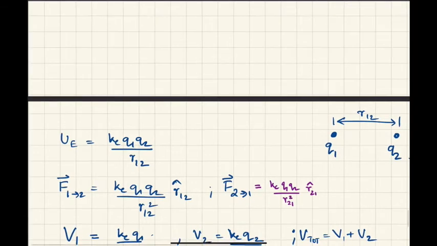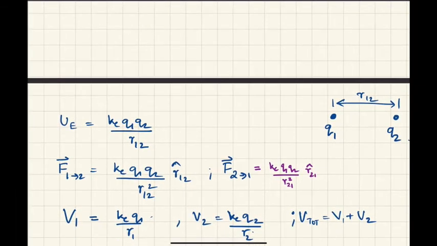Similarly, one could calculate the potential, and the potential that charge 1 generates is given by Kc Q1 divided by r1. So what does r1 represent here? r1 simply represents some point in this coordinate space. It could be that one, or if you don't like that one, you could choose maybe this one here. It's any point, and in fact all points that you could consider in this space, and r1 is the distance from Q1 to that point in space.